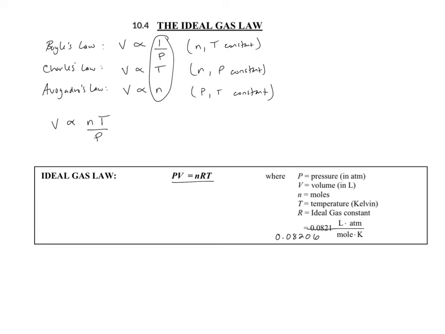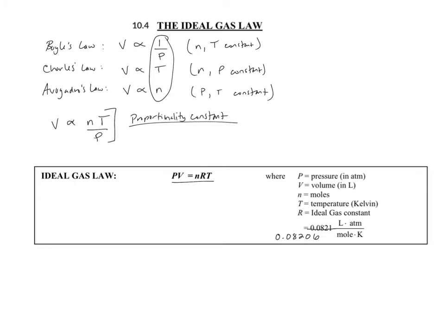We have to make this proportion something that we can actually use, like an equation. So there is something called a proportionality constant that helps relate all of these things, the N, T, P, and V, all together.